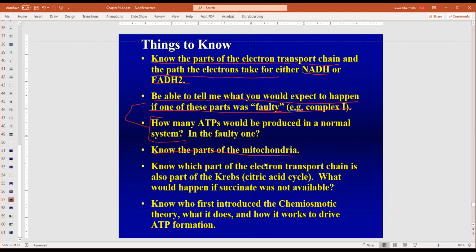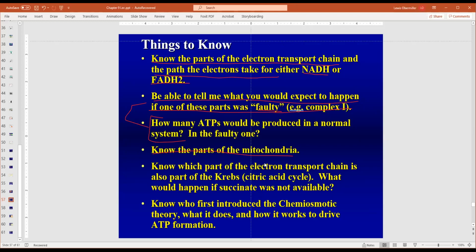Where is the Krebs cycle? Where does that happen? Is it the matrix? Yeah, that's right. Where does glycolysis occur? The cytosol? Yes, exactly. Where is the electron transport chain? It's in the inner membrane.